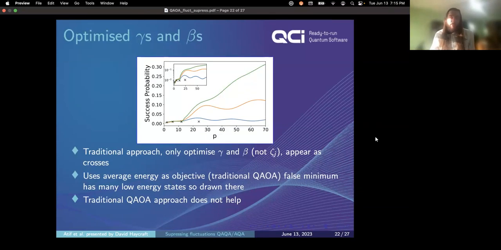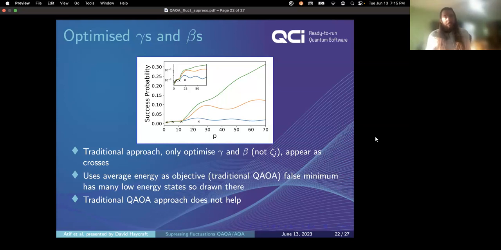Why does QAOA underperform in this particular case? QAOA doesn't have as much control since there is no zeta j, so you don't have as many parameters that you're optimizing over.